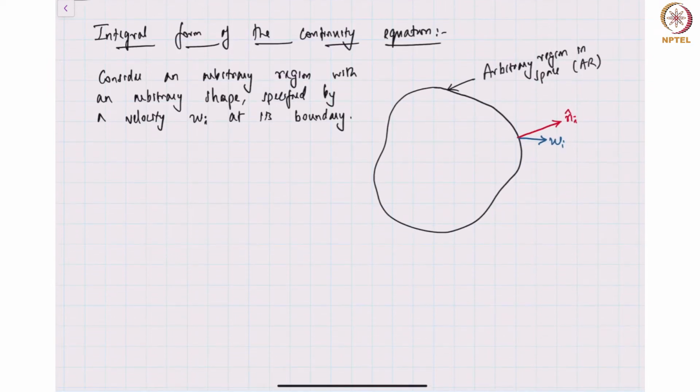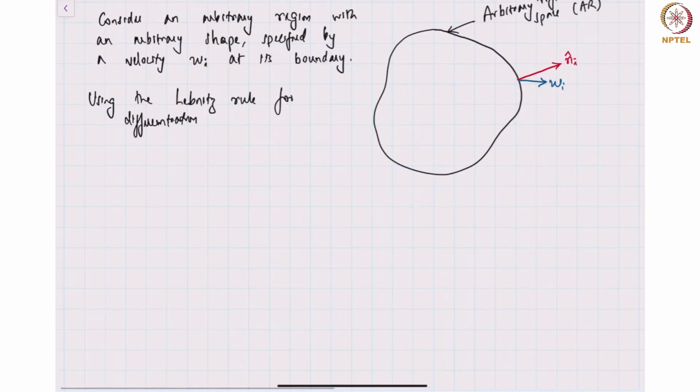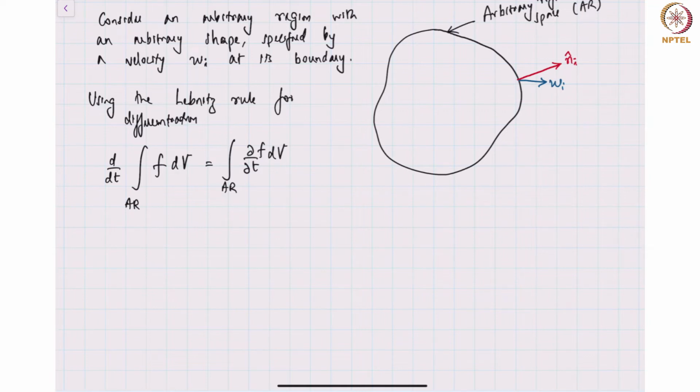Now we'll start with the Leibniz rule of differentiation. What we have is the time derivative over an arbitrary region of any quantity f, the volume integral of f dV, would be the local changes in time at every point integrated over the whole volume plus the variations at the boundary.